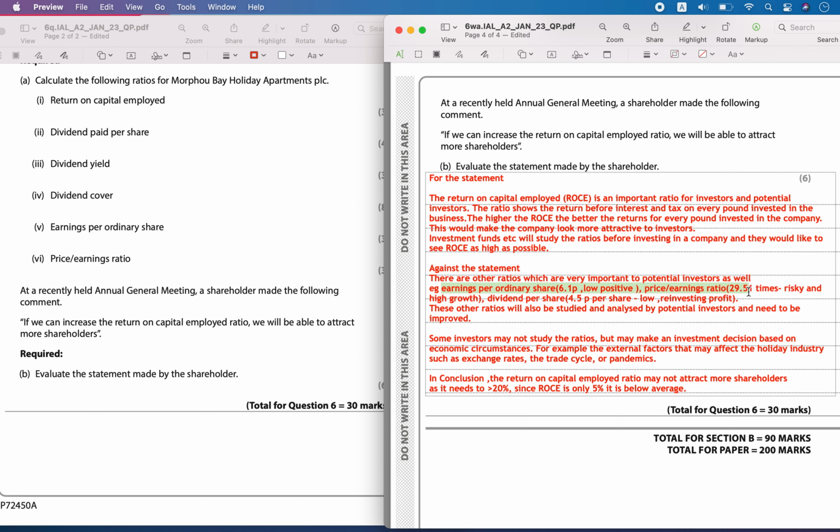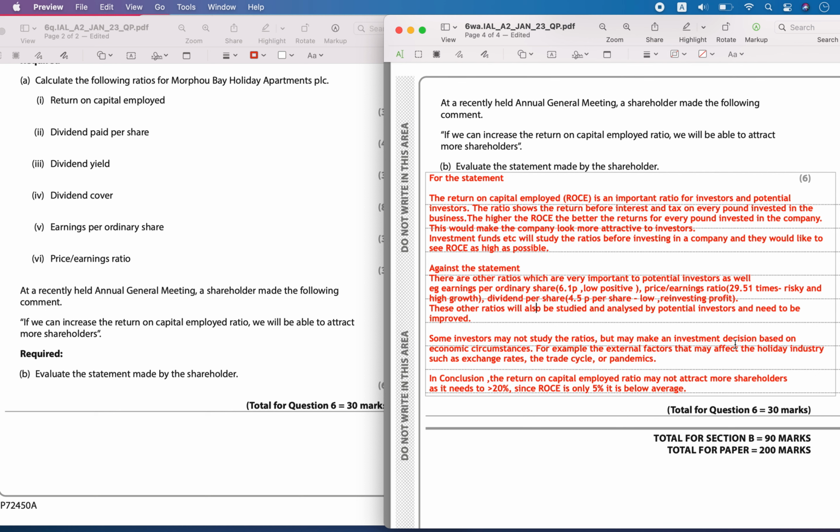But other ratios also tend to attract investors, and you should know that. You should be able to comment on what is a good ratio, and say that these also need to be improved.